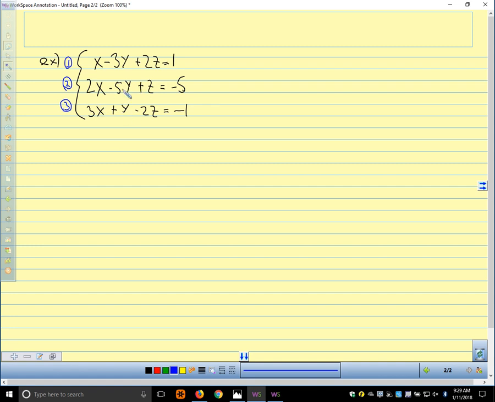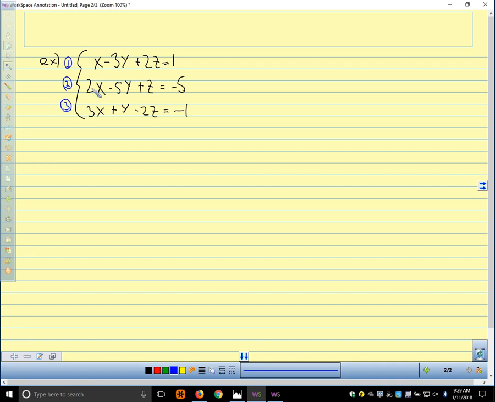Then we'll be able to use these two equations to get rid of the y's, to get rid of this y. And then we'll have our system in row echelon form. So you don't have to do it this way. It helps me keep track of what we're doing, and also helps me describe what I'm doing. Also helps me figure out where I made an arithmetic error if I go back and look at what I'm doing, because I usually make arithmetic errors.